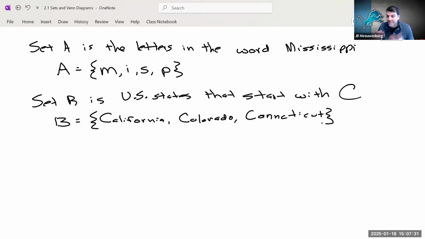So those are the US states that start with the letter C. So there's the set of those states.